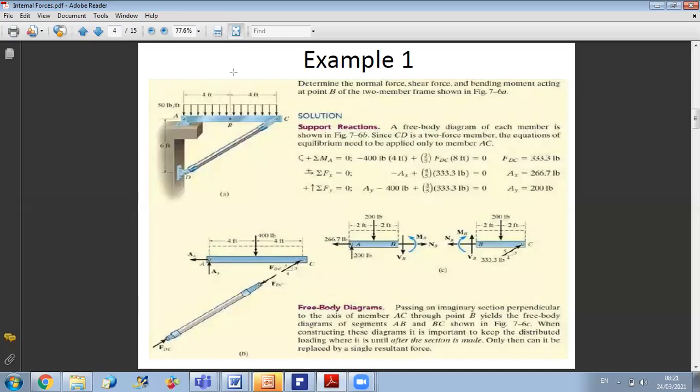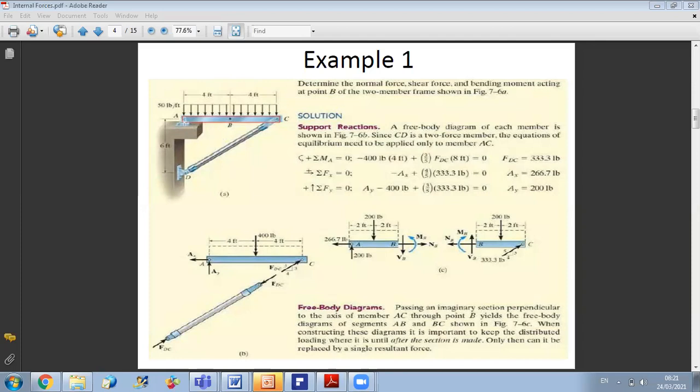Okay, before any calculation of internal forces, the first step is to determine the support reactions, because you will need them when you do the cut. So here you are interested in AC. First, AC is subjected to what?